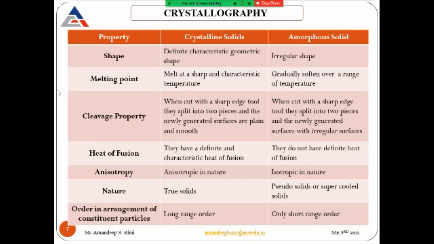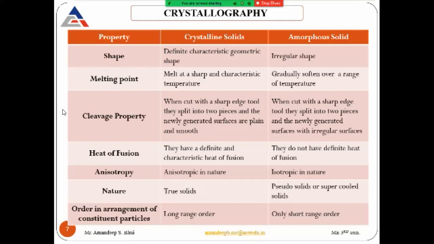Anisotropy: the crystalline solids are anisotropic in nature, and amorphous solids are isotropic in nature. If we talk of the nature, crystalline solids are true solids. Amorphous solids are supercooled solids or pseudo solids, because the grains are not arranged in a regular pattern.